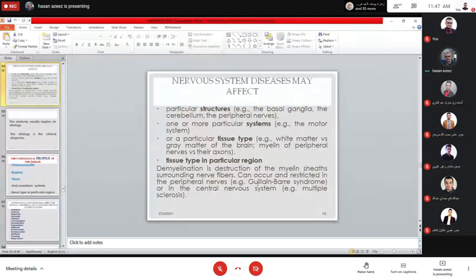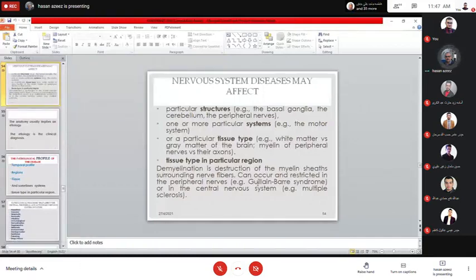Nervous system disease may affect a particular structure, basal ganglia, cerebellum, peripheral nerve, or one system, the motor neuron, and in amyotrophic lateral sclerosis, only the motor system is affected, or a tissue type, white matter versus gray matter of the brain, myelin versus the axons of peripheral nerve.